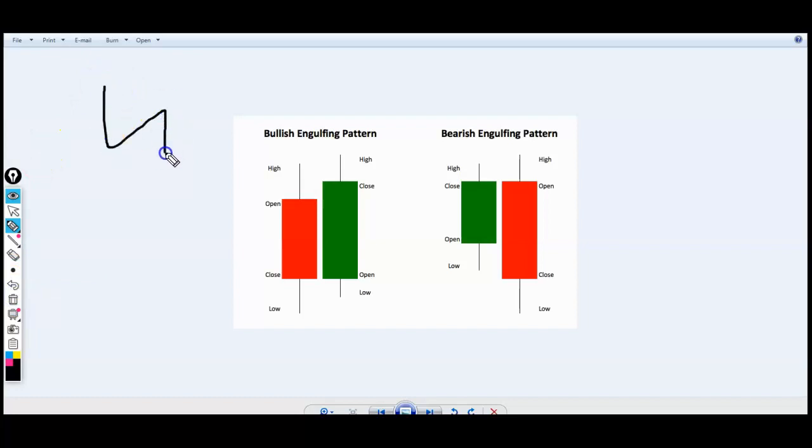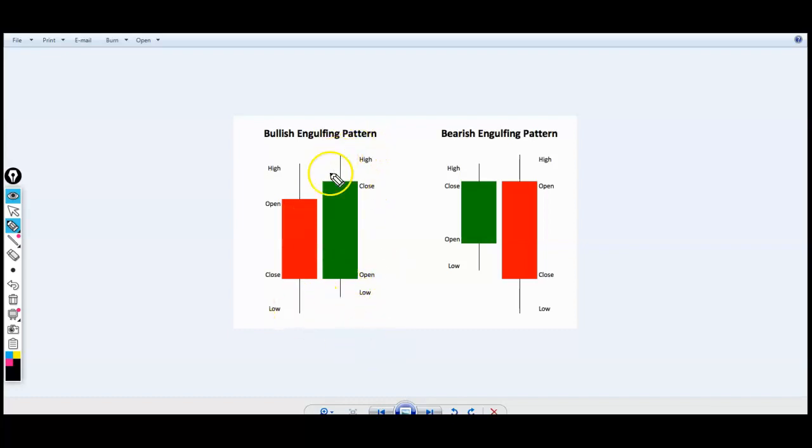Let's say price has been trading down, and then it gets to a level. It gives this. Then we begin to see wicks. Once we begin to see wicks, price rejection, then we begin to anticipate that price may actually change direction.